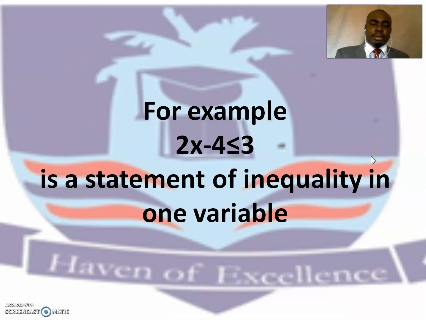And this is an example: 2x minus 4 less than or equal to 3. This is a mathematical statement of inequality in one variable. If we had x and y, then it would be a statement of inequality in two variables. If we had x squared, then it will no longer be a linear inequality, but a quadratic inequality.